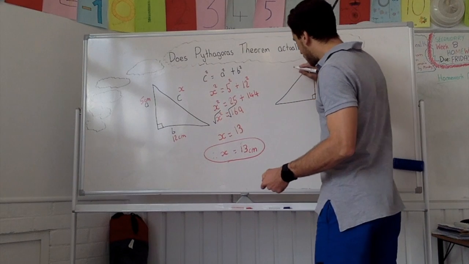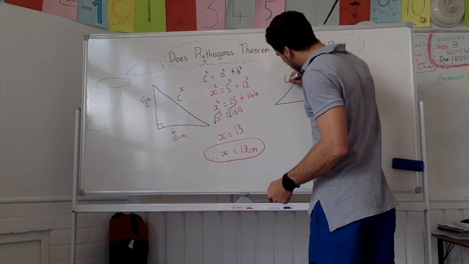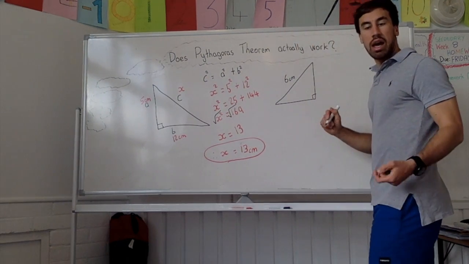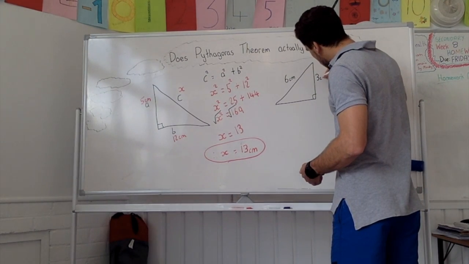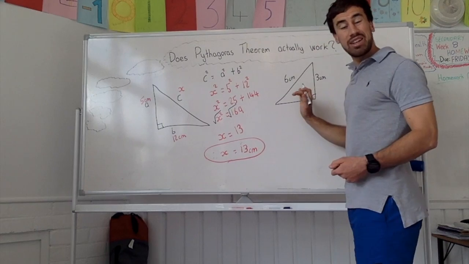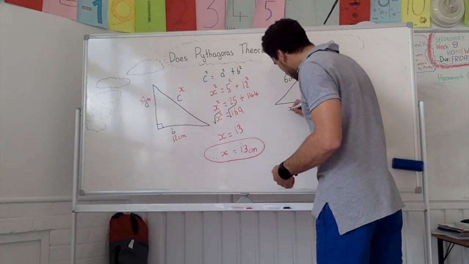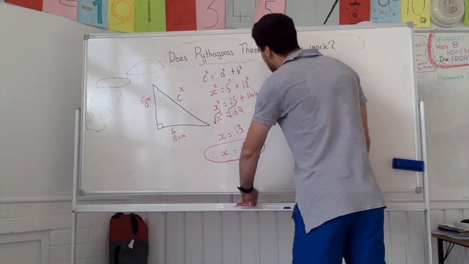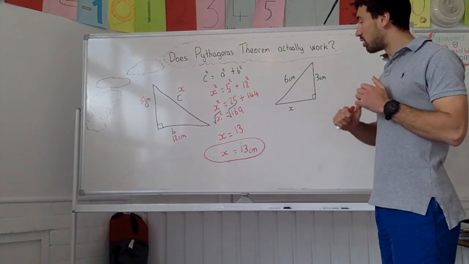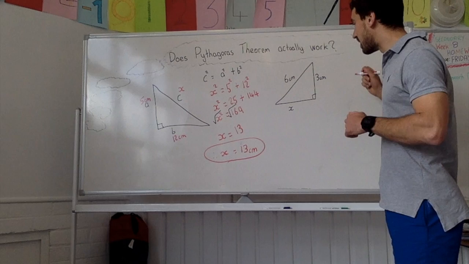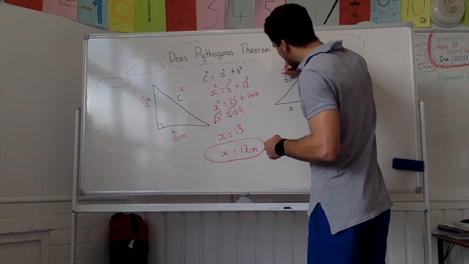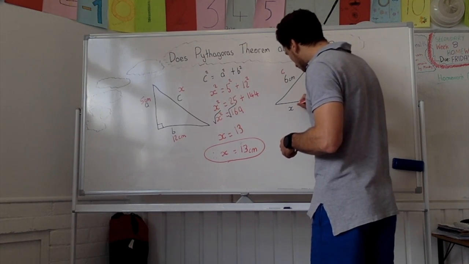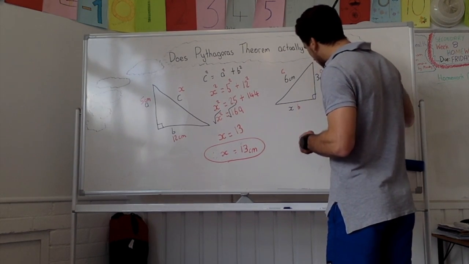This time, our longest side there is 6 centimetres, and we're going to have 3 centimetres just here. And this one here is the unknown, that is x. So first we need to label them A, B and C. That one is C, you remember, and you've got B down here and A there.